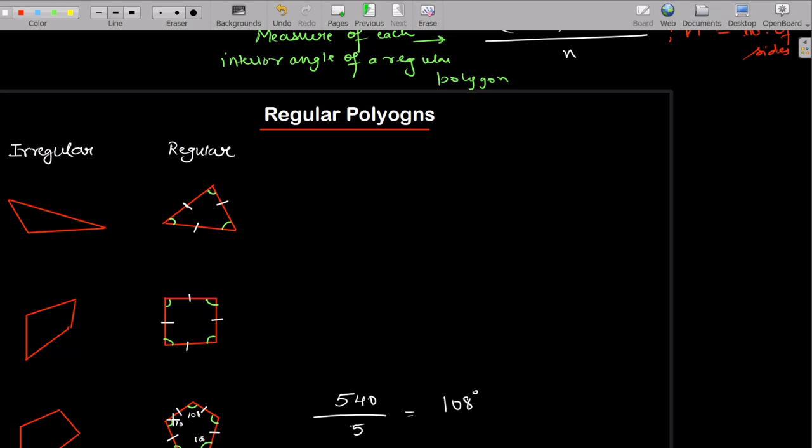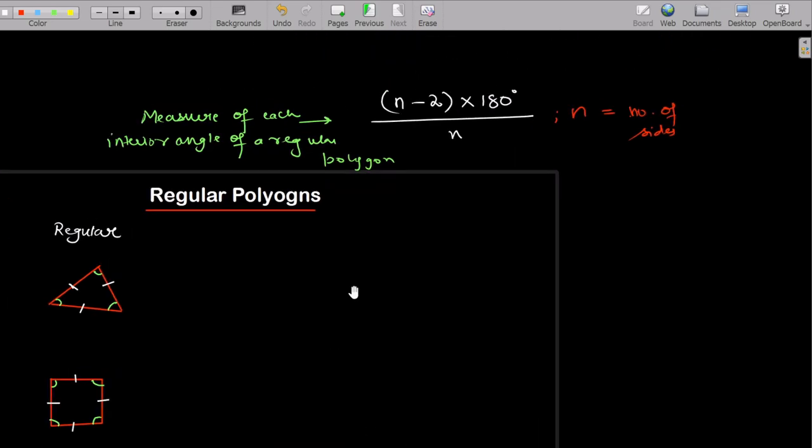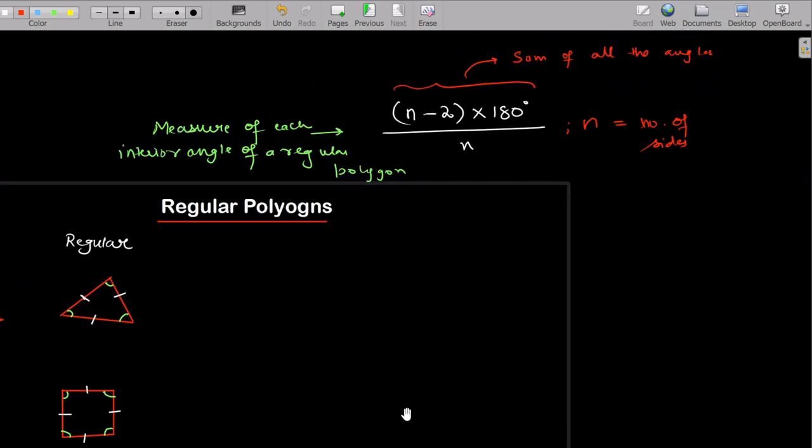Each one of these. But in the irregular one, we cannot say that. And also, Tanvir, the numerator of this formula, only this part, gives you the sum of all the angles, which is again really important. The sum formula works for any type of polygon, whether it's irregular or regular.